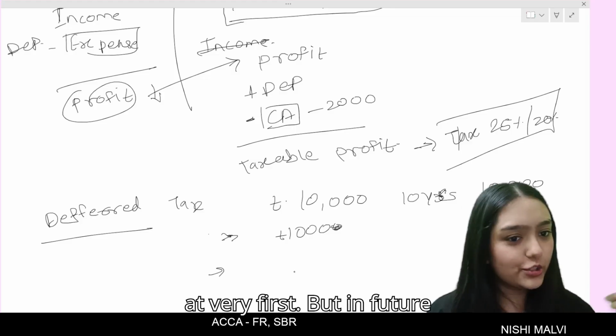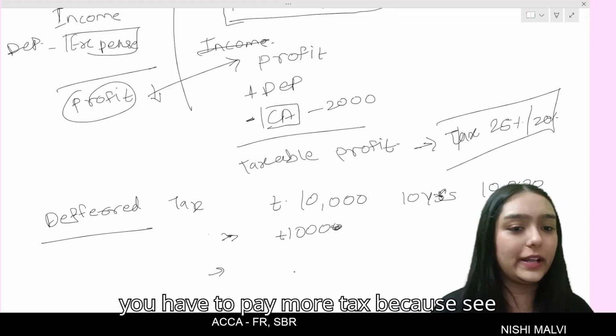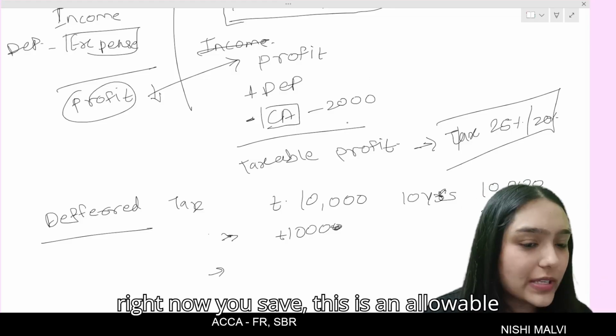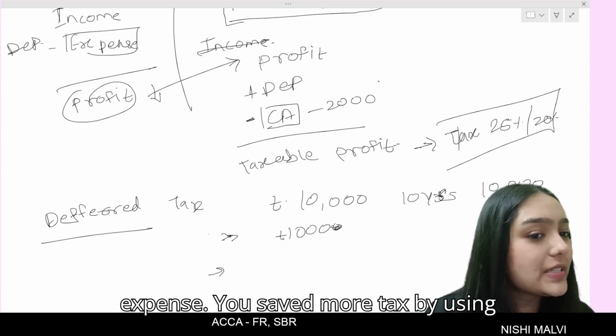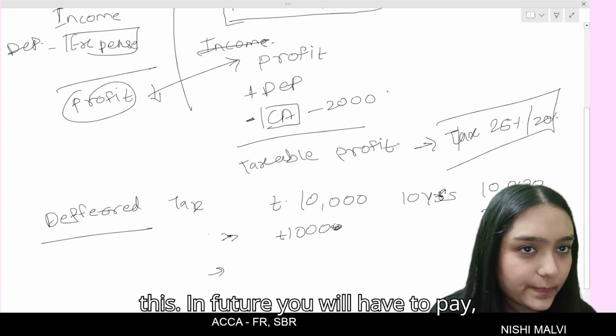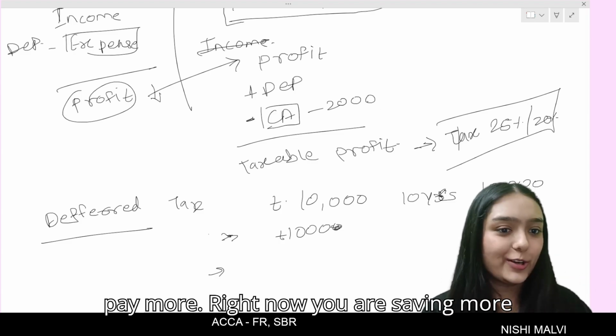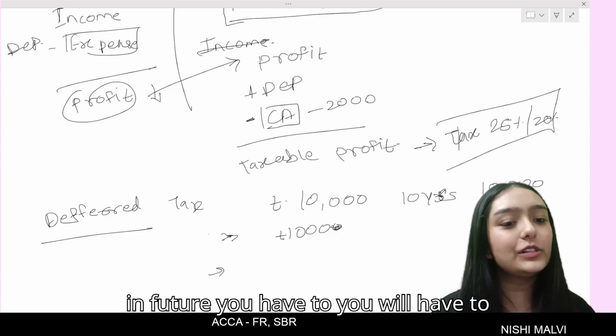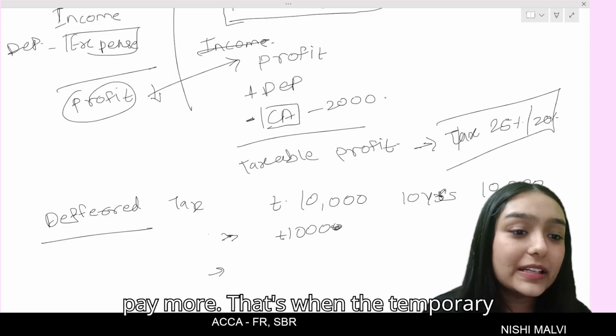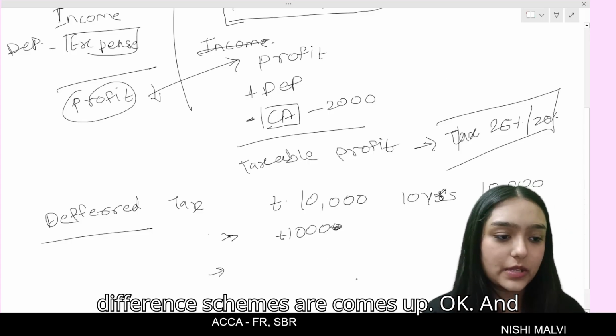But in future you have to pay more tax, because right now you saved more tax by using this allowable expense. Right now you are saving more, in future you will have to pay more. That's when the temporary difference comes up.